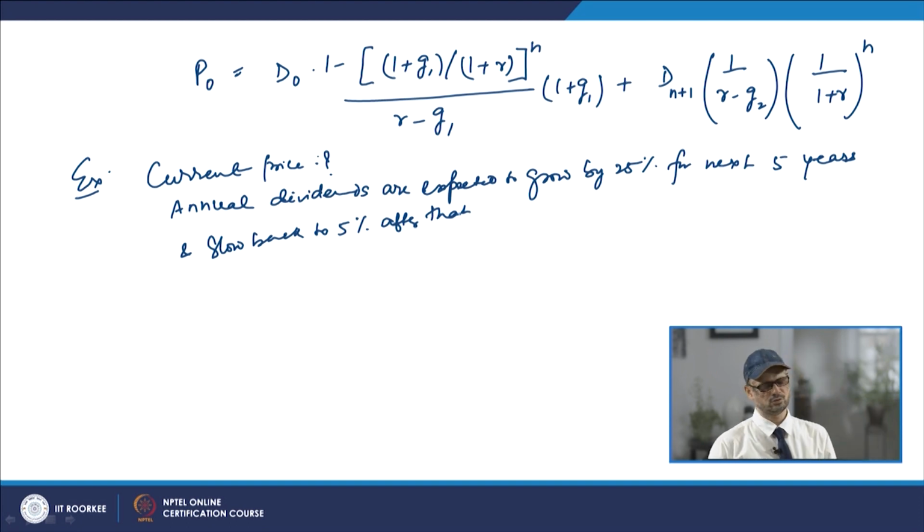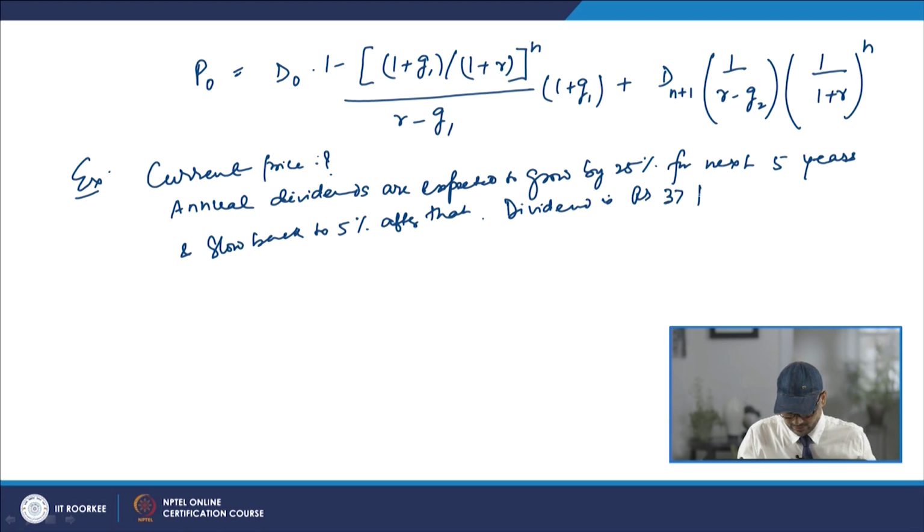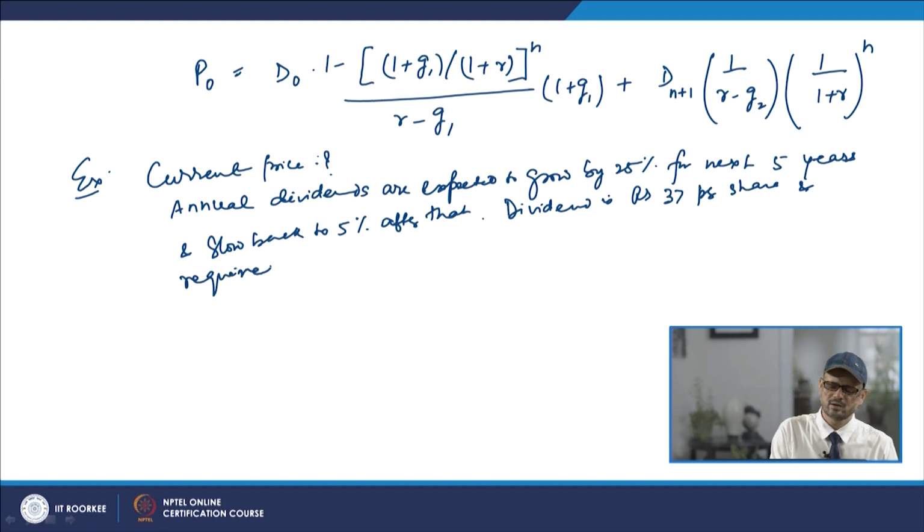It is given that the dividend is rupees 37 per share, and the required rate of return is 15%.